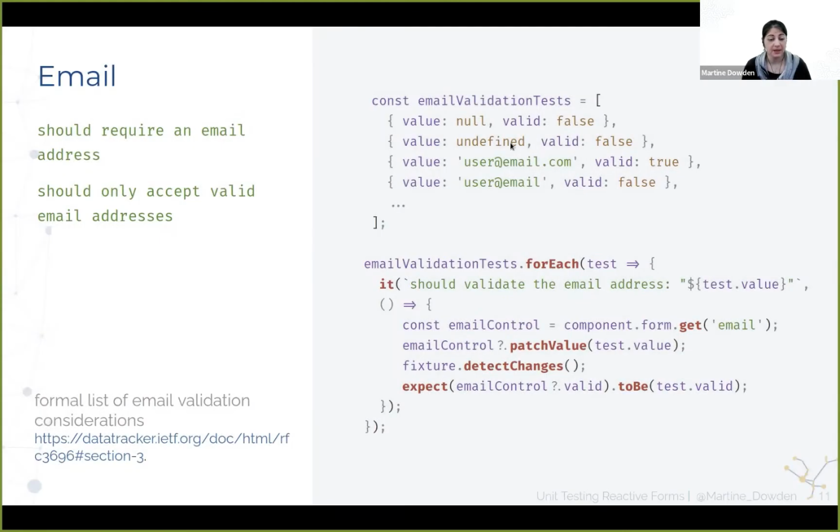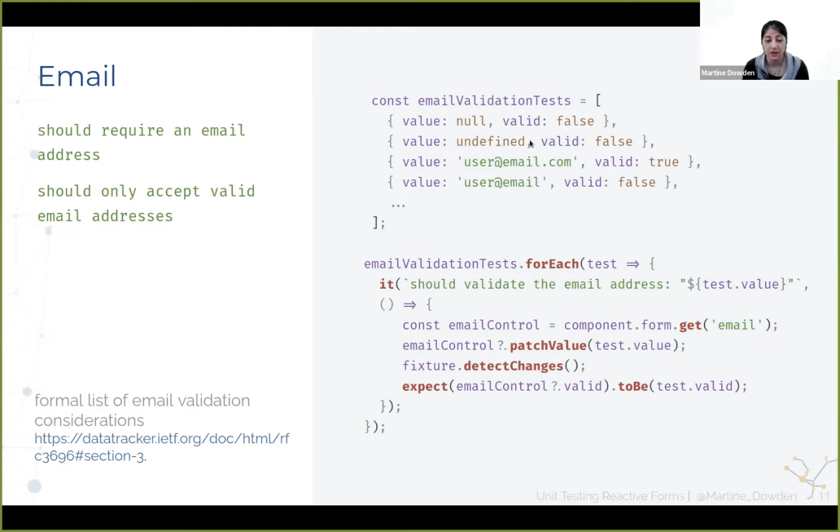So what we can do is use standard JavaScript things. The spec file that we're writing our test in is still just TypeScript. So we can absolutely say, here are a set of test cases, and I want you to run the same test for each of these test cases. I'm going to give it a value, and I'm going to determine whether I expect the output, the validity, to be true or false.